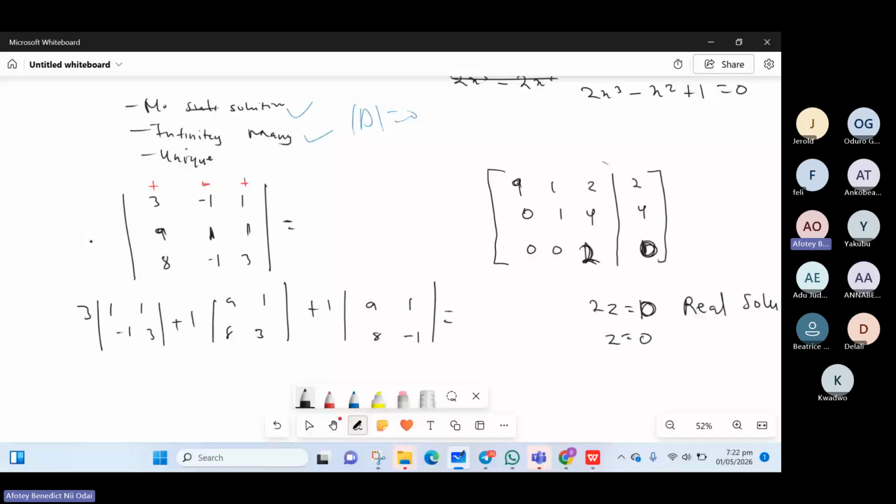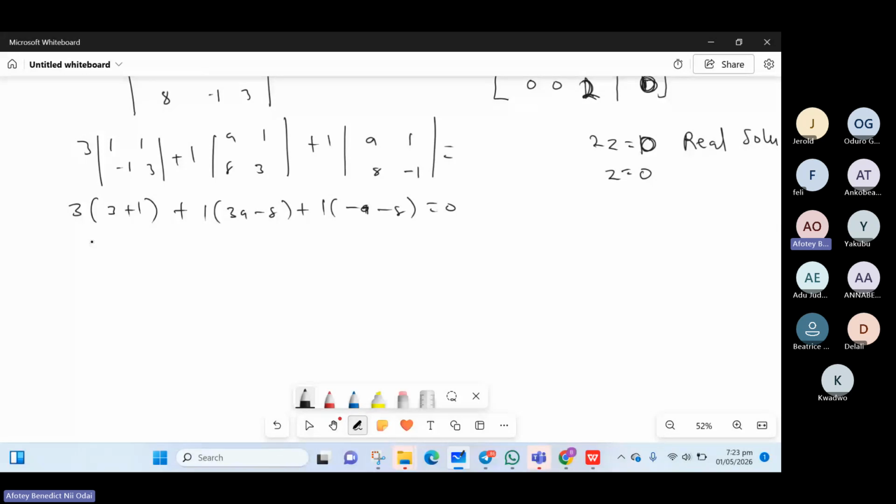Let me do this on paper so that I just transfer it, but we can also do it along. If you are done, you can please help me out with it. Okay. So we basically get 3 multiplying 3 plus 1, plus 1 multiplying 3a minus 8, plus 1 multiplying negative a minus 8.